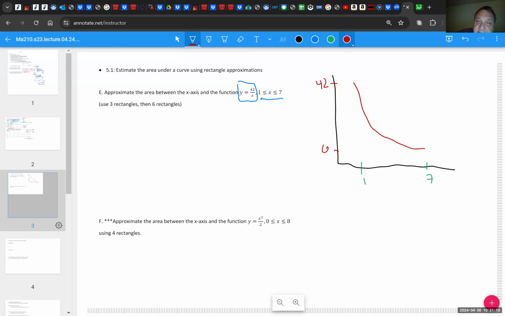This is not to scale, sorry about that, but I'm just trying to get a rough sketch of what's going on. The idea is we're going to be trying to find the area under the curve and above the x-axis. So that would be this area right here, under the curve and above the x-axis between x equals 1 and x equals 7.